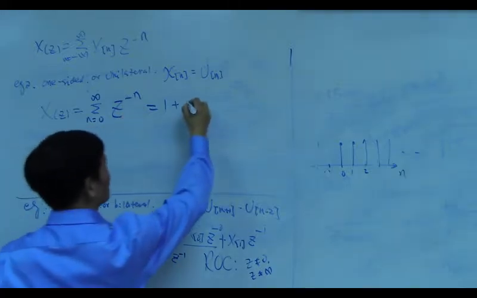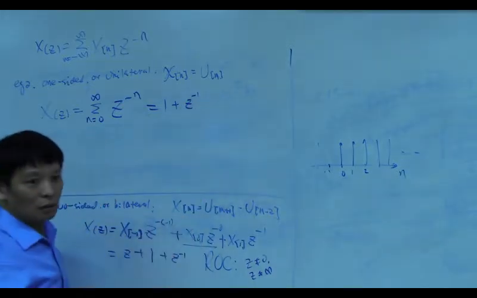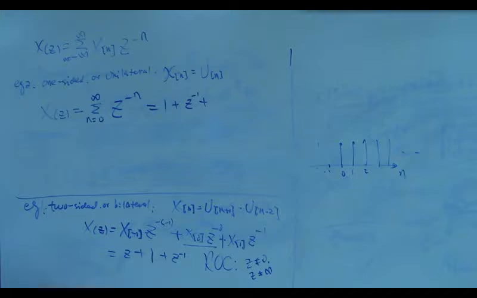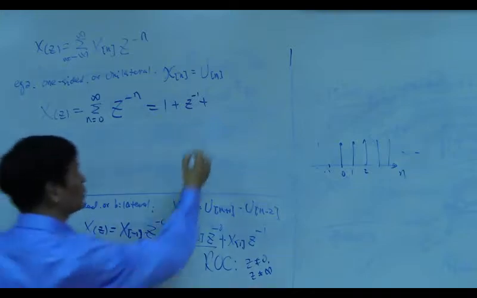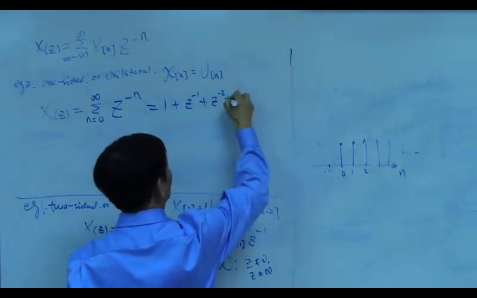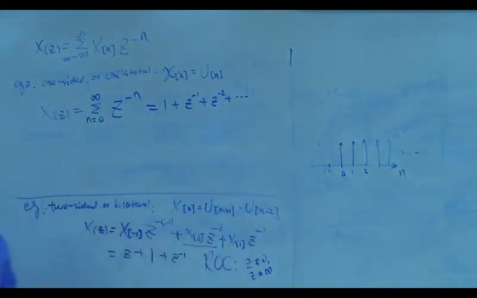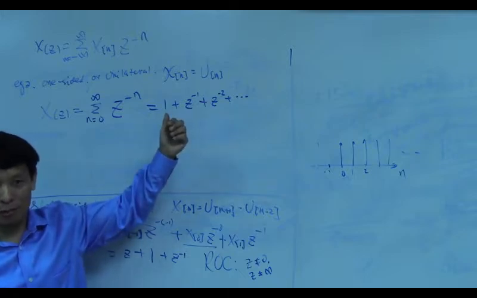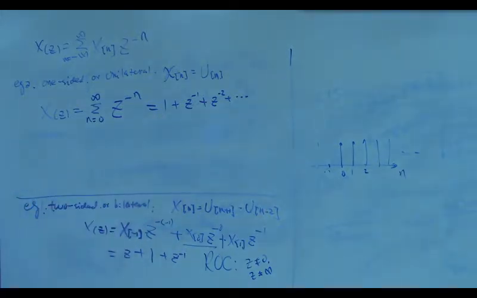Then what's the next term? z to the negative 2, and so on, all the way to infinity. You don't stop at this point. You need to give me the sum. What sequence is this? Geometric sequence. It's good.